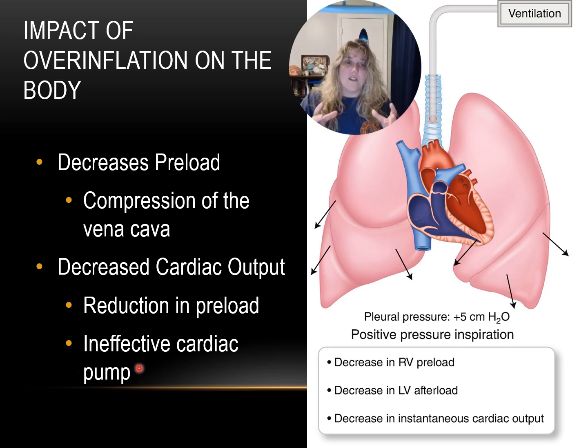And if you don't have preload, are you going to have a good effective pump? No. And if you ever get the chance, we used to take pig lungs, and we would have someone hold their hands around it like a rib cage. So you're going to have that little bit of inflation and deflation that you would expect. And if you have someone that hyperinflates it and you've got the other person holding the ribs, the lungs are being inflated and your hand is the heart and you're trying to pump your hand.